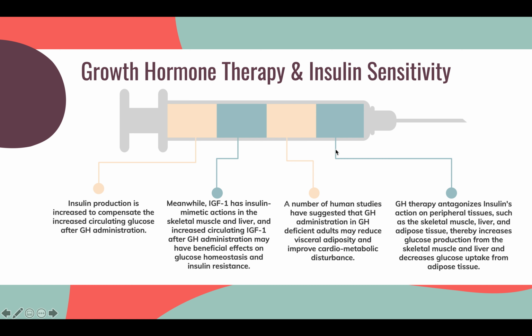Meanwhile, IGF-1 has similar characteristics to insulin actions in the skeletal muscle and liver, and increases in the circulating IGF-1 after growth hormone administration may have beneficial effects on glucose homeostasis and insulin resistance. And insulin production is increased to compensate for the increased circulating glucose after growth hormone administration.